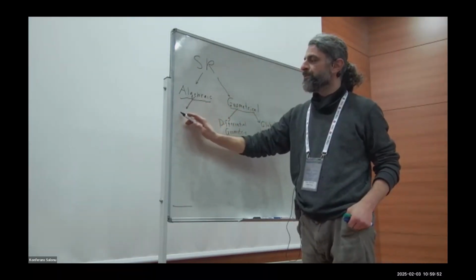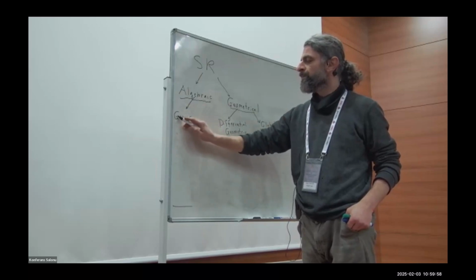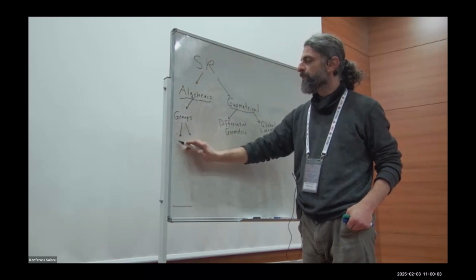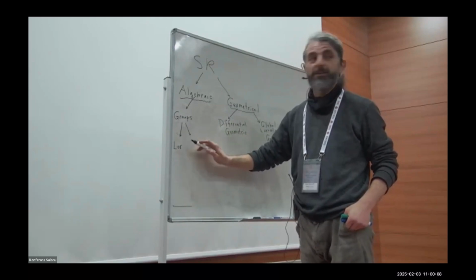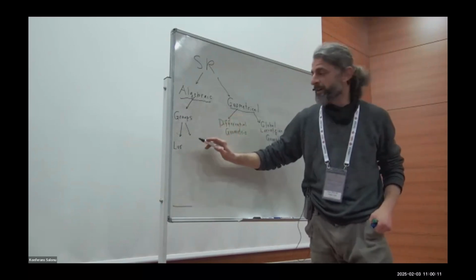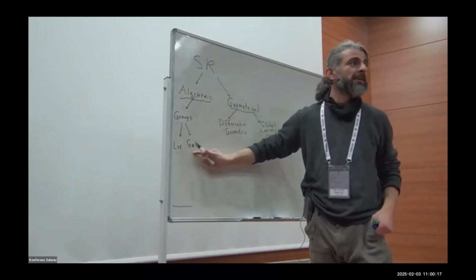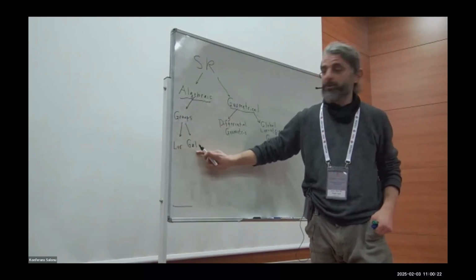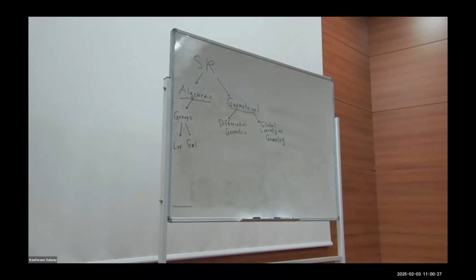Here we have groups. These groups are the Lorentz group, okay, and its contraction, the Galilean group. So this is not easy, because you go from the Lorentz group to the Galilean group by taking the speed of light to infinity.